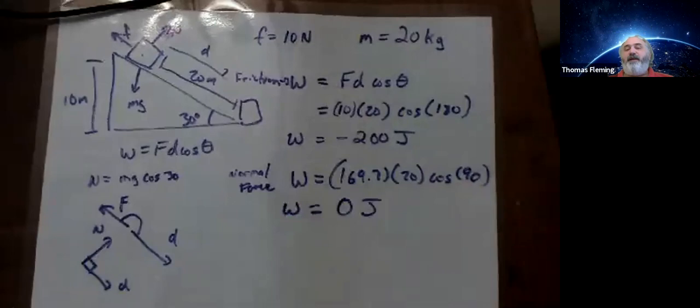And you will find that that will almost always be the case because the normal force from a surface is always perpendicular to that surface. So if you're sliding along that surface, your motion is always perpendicular to the normal force. So the normal force almost never will do work. The only way I could make the normal force from like the floor do work is if I got in an elevator, right?